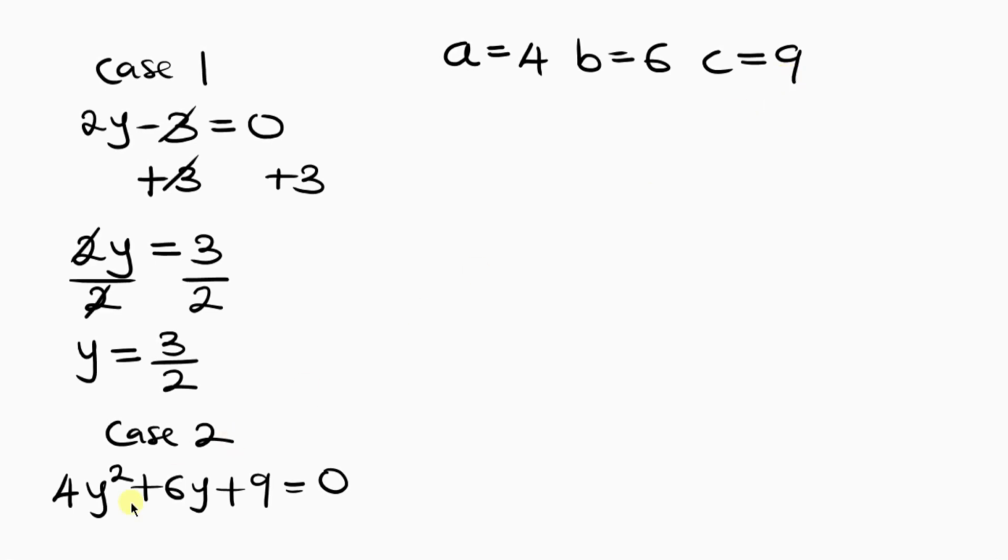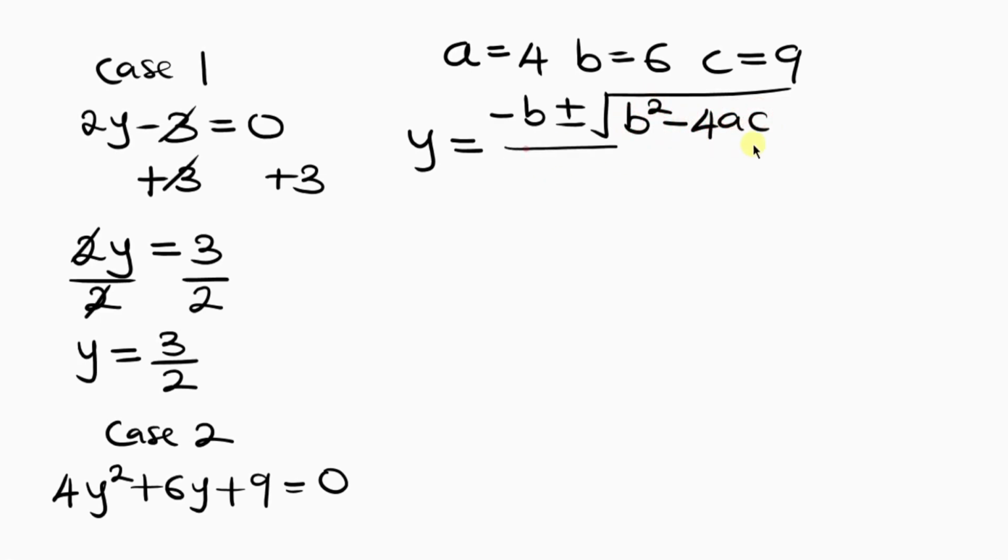And now, since we're looking for the value of y, the quadratic formula is y equal to negative b plus or minus the square root of b squared minus 4ac all over 2a. Now, let's substitute into our quadratic formula. So we have y equal to negative b. What is b?